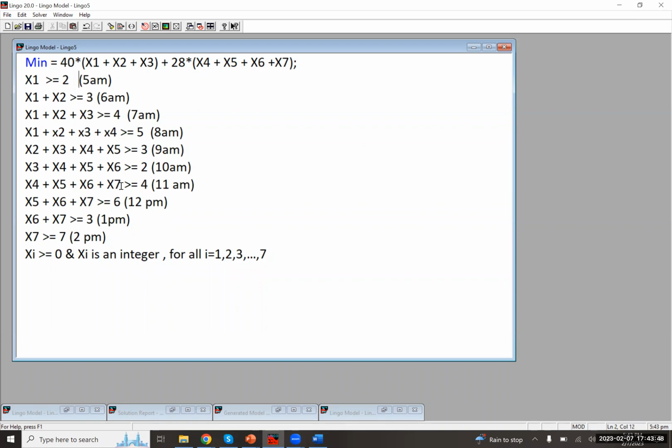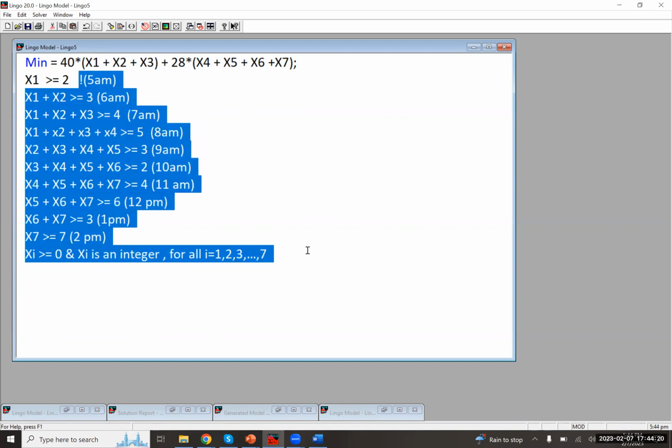In both Lindo and Lingo, you can insert comments after the exclamation mark. The syntax-aware feature of Lingo is very useful. See here, because you didn't terminate the first constraint with a semicolon, all of this is green, which means Lingo currently recognizes all of this as your comment.